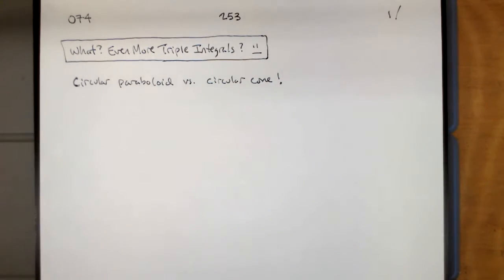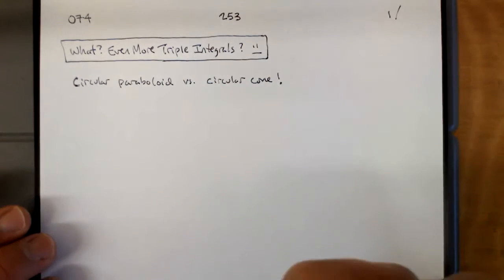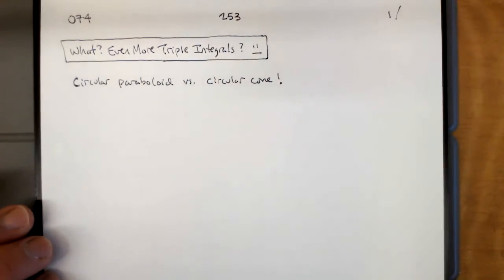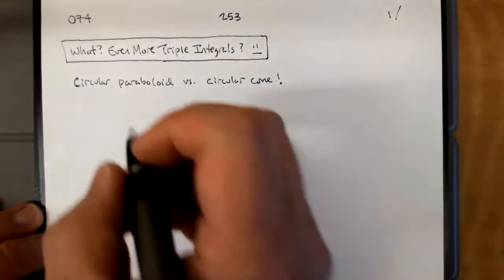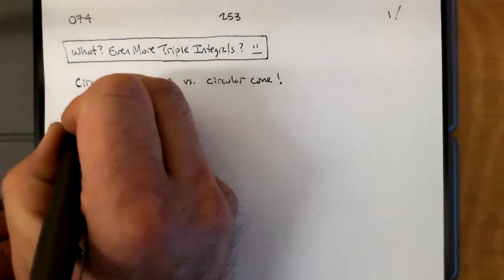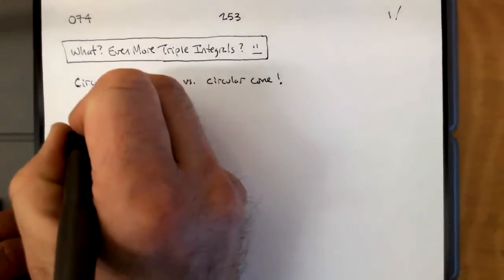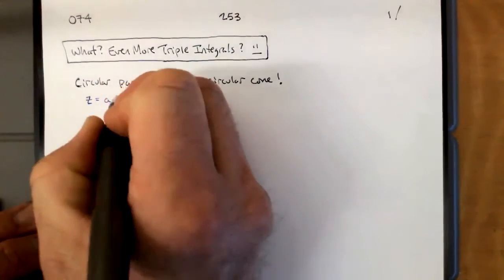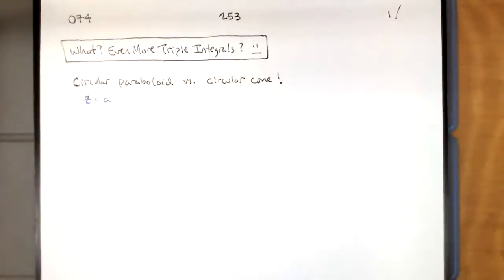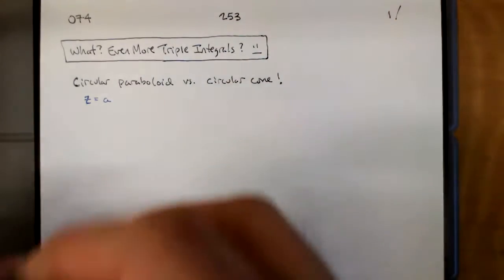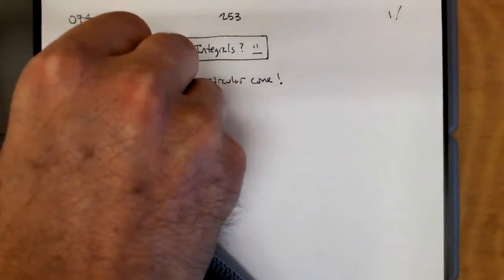We might remember from our early work looking at functions of two variables, a circular paraboloid is, I'm going to skip the coefficients, just worry about x squared plus y squared.